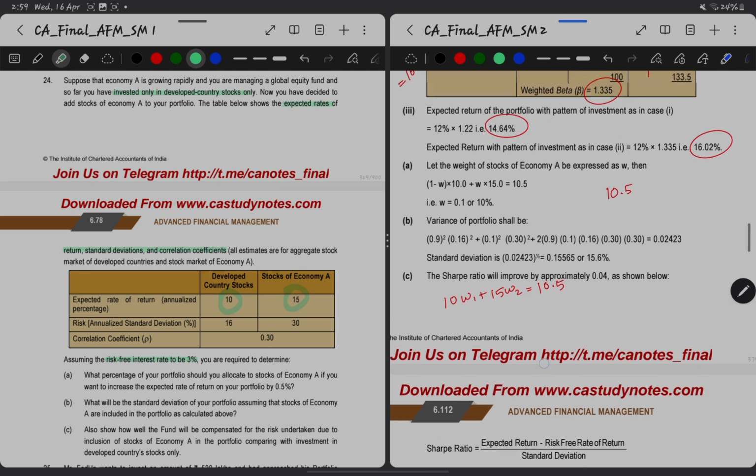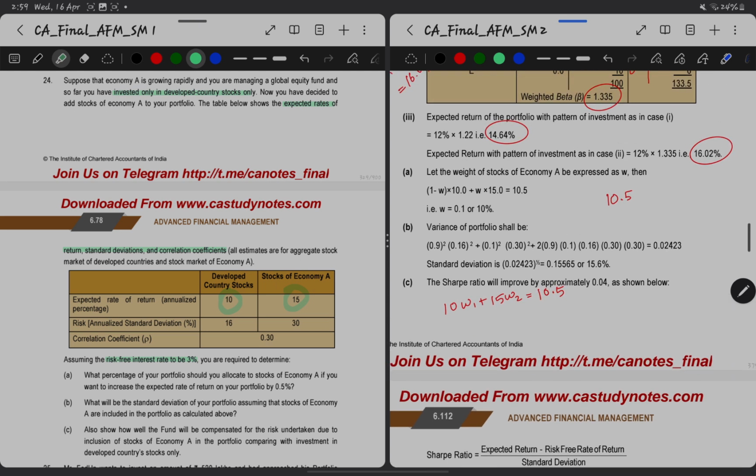will be equal to 10.5. And since there are only two stocks involved, let's say if the weight of the developed country is 50, then weight of B also will be 50 percentage. If it is 40, here it will be 60. If this one is 60, here it will be 40. So we can say that weight 2 will be equal to 1 minus weight 1.